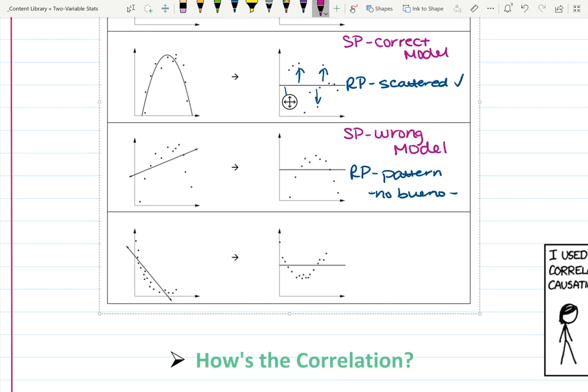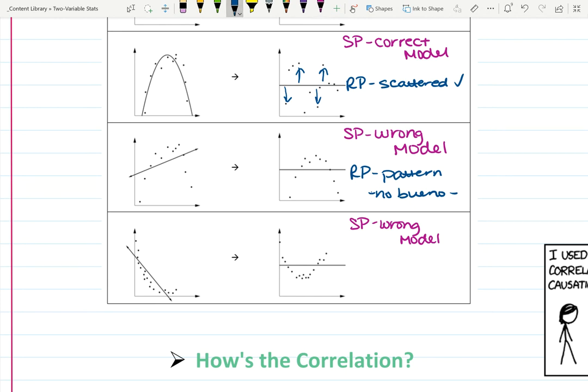So this scatter plot is using the wrong model. And since it is using the wrong model, our residual plot is not nice and scattered. It has a pattern. No good.